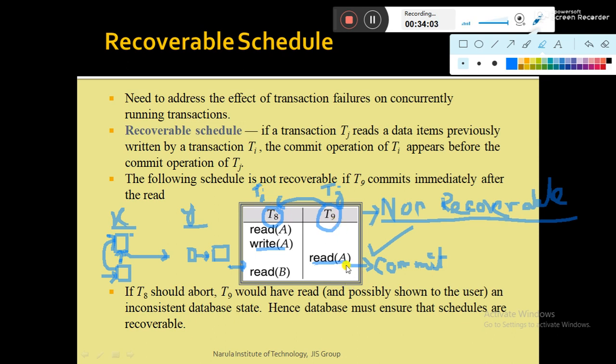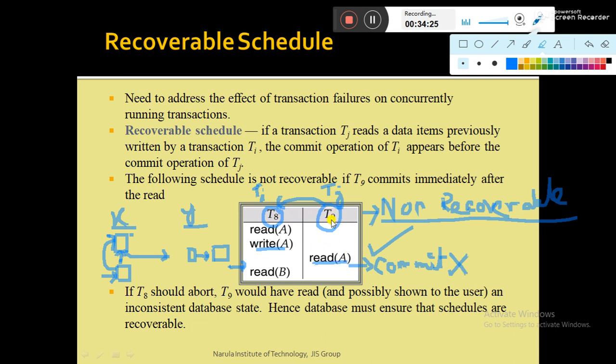Now Tj reads the data item A which was previously written by Ti, then the commit operation of Ti should appear before the commit operation of Tj. That means though transaction T9 performs its final statement, you still cannot commit here to make it recoverable.